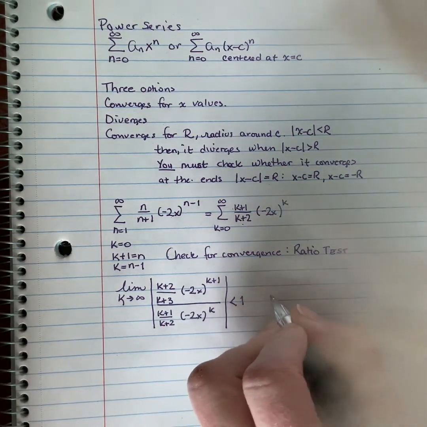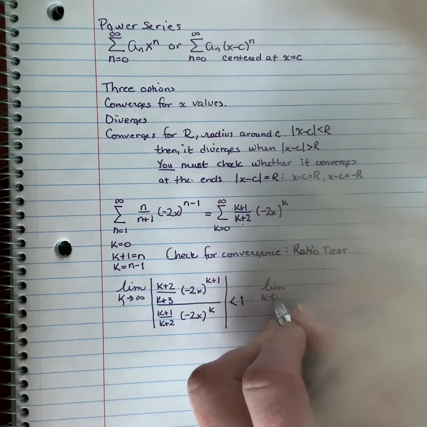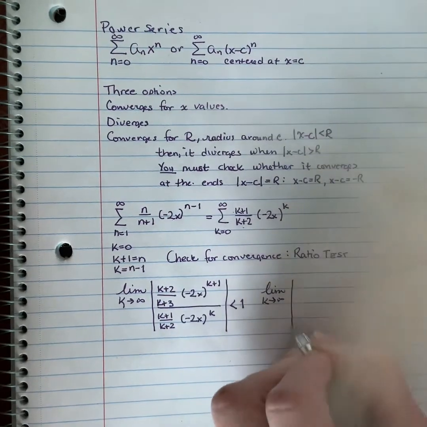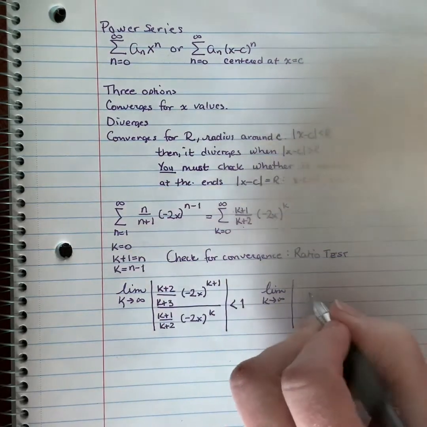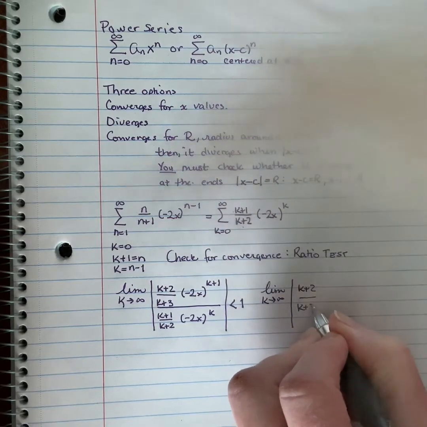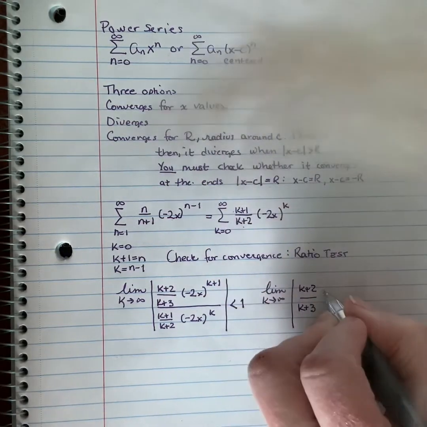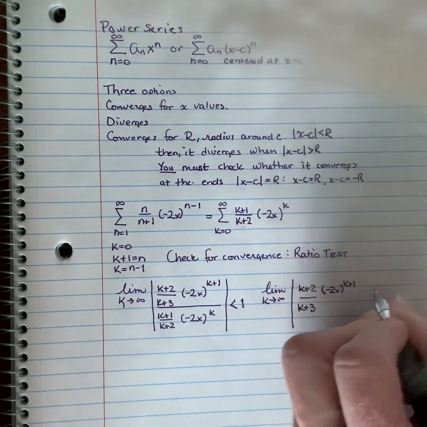So let's take the limit as k approaches infinity. I'm going to take the reciprocal of this one and put it next to it. So let me write (k+2)/(k+3), and then this minus 2x to the k+1 was in the numerator.